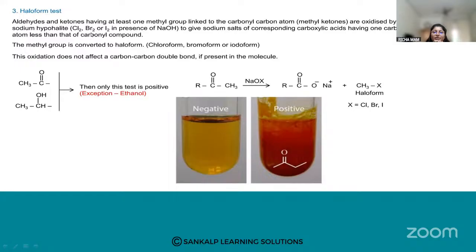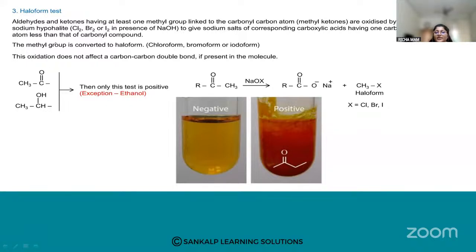Then we use sodium hypohalite, that is NaOX. We oxidize it with the help of sodium hypohalite, and it will give the corresponding sodium salt of the carboxylic acid, which has one carbon atom less than the carbonyl compound.